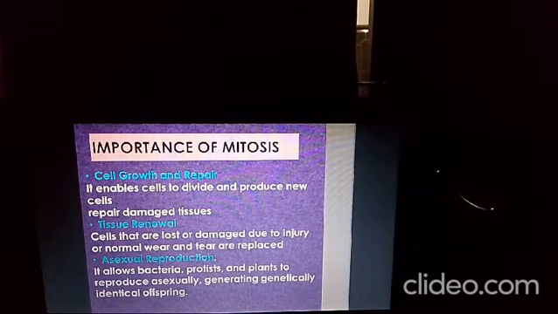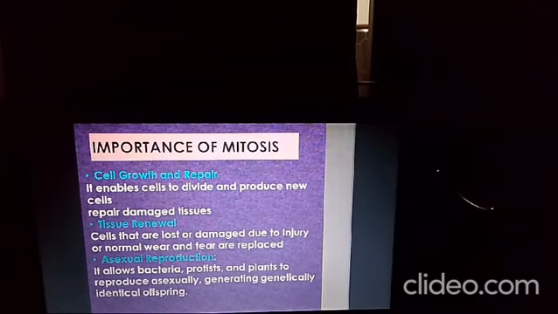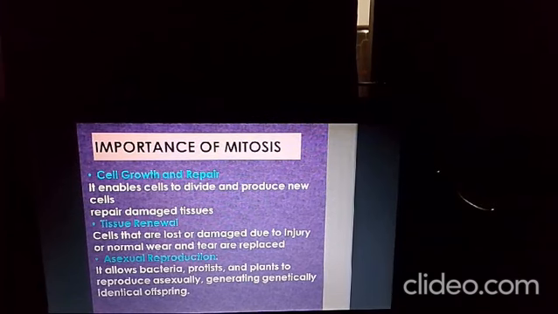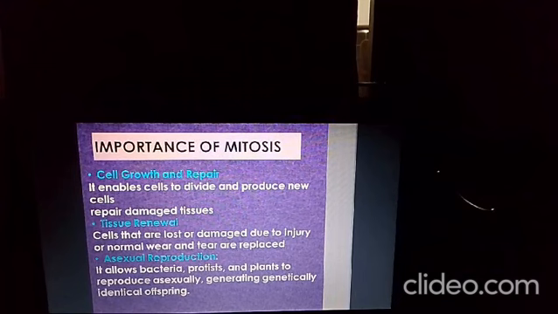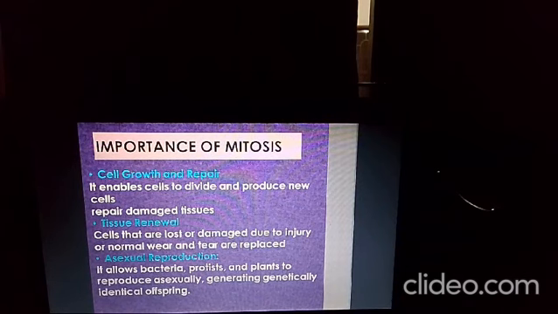Okay, what is the importance of mitosis? Well, mitosis is very important. First, it helps in the growth of cell and repair. It helps the cell to divide and produce new cells. Then it also helps in repairing the damaged tissues. The second importance is the renewal of tissue.